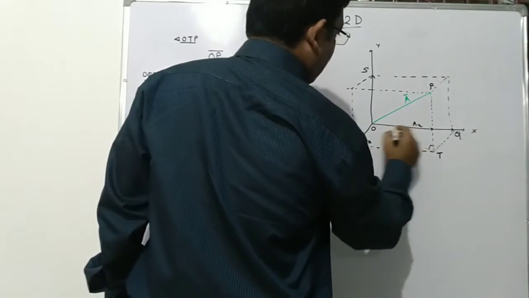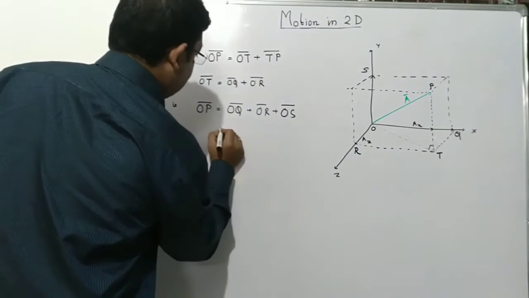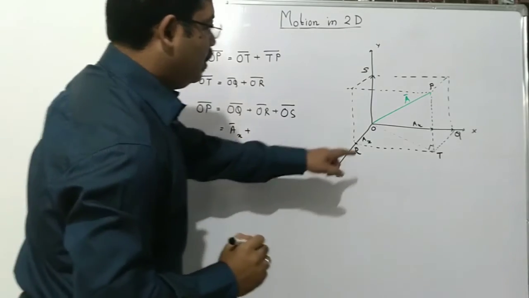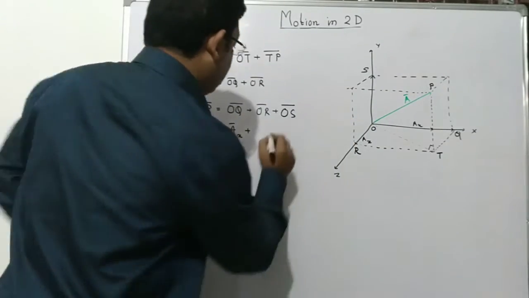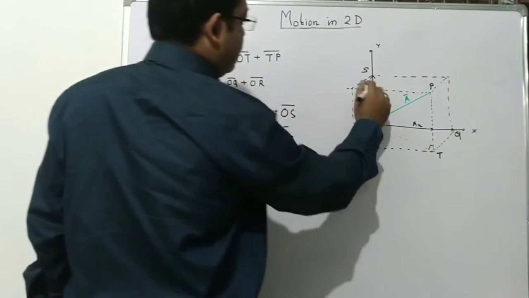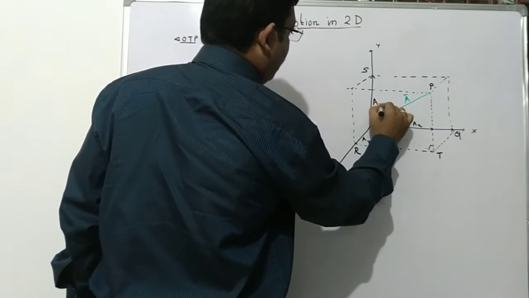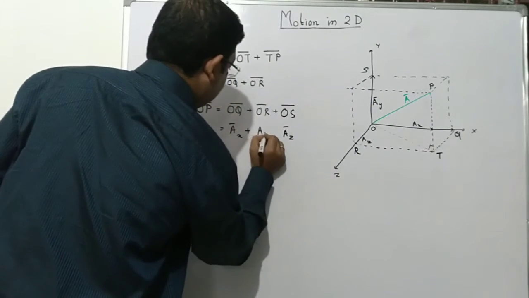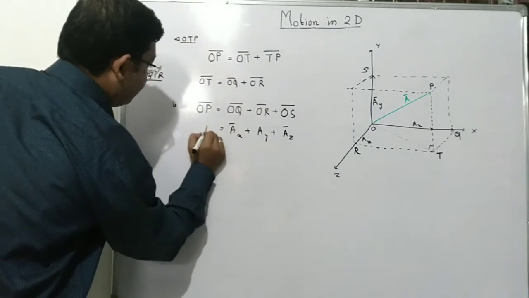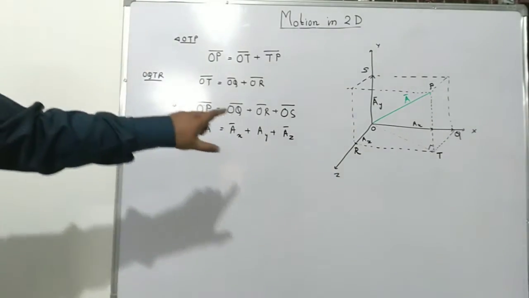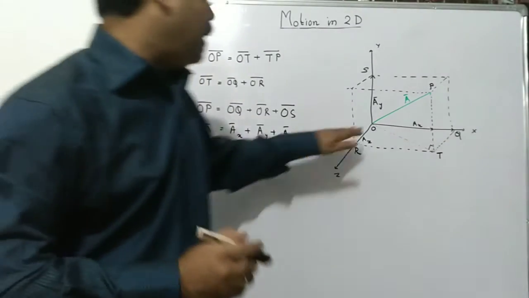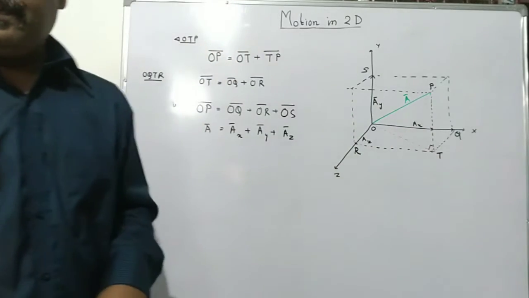Now OQ is vector Ax, plus OR is vector Az, OS is vector Ay, and OP was vector A. So this is the resolution of vector A in terms of three components along the x-axis, y-axis and z-axis.